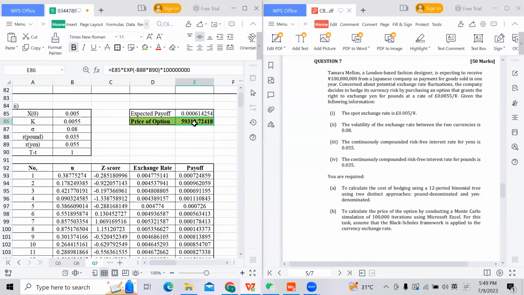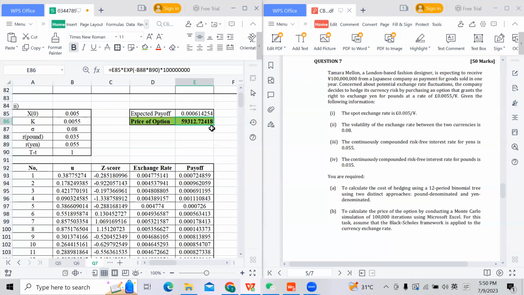Okay, and then after that, we compute the price of the option, which uses the expected payoff times the exponential of negative R domestic times (T minus t). And then don't forget to times the 100 million of yen.